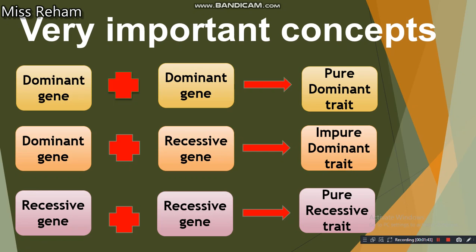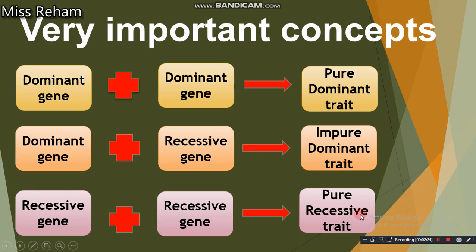I can say that it is the trait that appears when aggregation of one dominant gene and one recessive gene. So this produces impure dominant trait. In the third case, who can tell me what's meant by pure recessive trait?